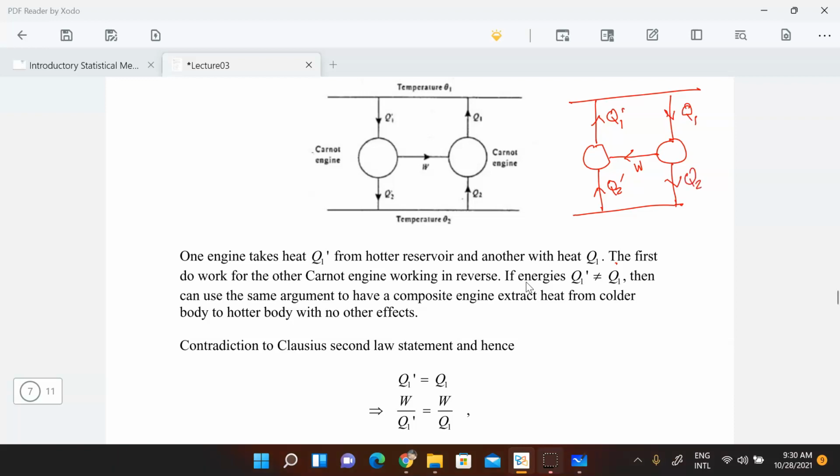Now it doesn't matter which one is doing work against which one. You just need this supposition to get the contradiction. So if you have Q1 dash different from Q1, it doesn't matter which one is bigger than the other, you will simply get your contradiction again.